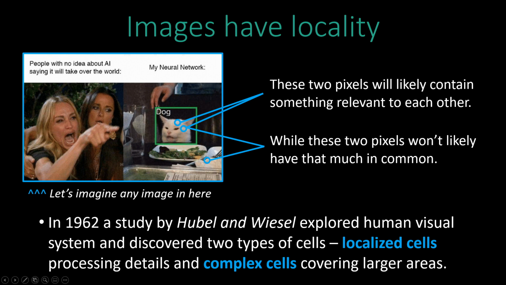And then some complex cells, which cover larger areas, so they are processing information from a much larger area than just a single unit. How this happens inside the human visual cortex is probably quite complicated, so we don't have to go into that. But this concept of having two types of cells is something that has been used later as an inspiration for the networks that we will talk about today.